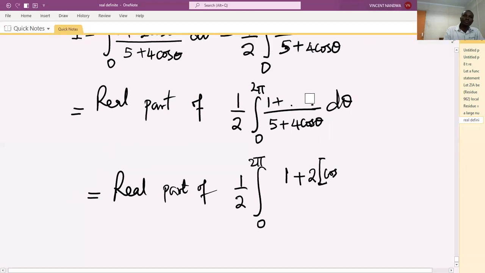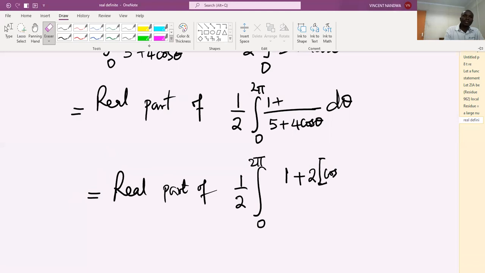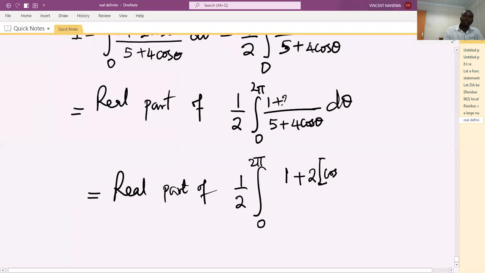At this point, because now I've introduced the aspect of real part of, we write the numerator in general form: 1 plus 2 into cos of theta plus i sin theta.